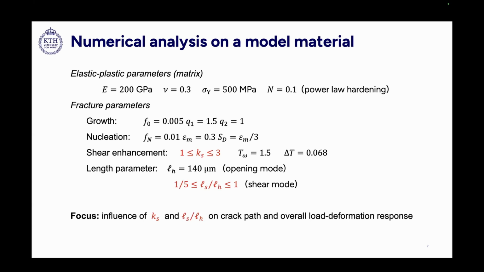In this study, we focus on the shear contribution. So we are looking at this shear parameter, Ks. Some literature calls it K omega. And we are looking at what happens if we vary this shear length, which should be shorter than the hydrostatic length according to experimental observations.